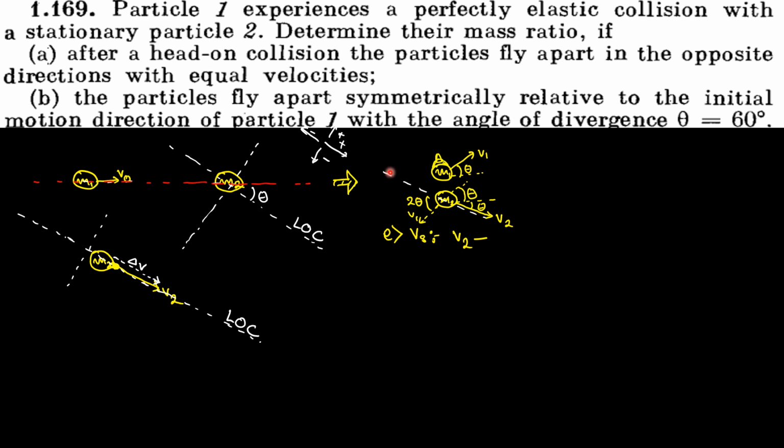Our velocity of separation is applied along the line of collision, and no change in velocity takes place perpendicular to the line of collision. So the velocity of separation along the line of collision is v2 minus v1 cos 2 theta.